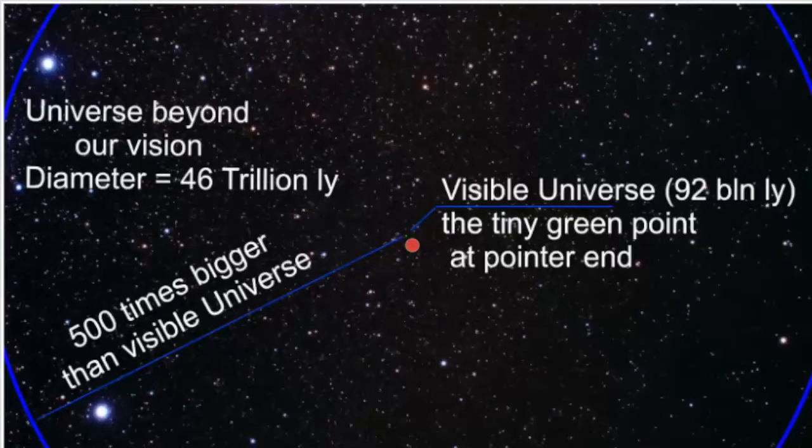If you can see the pointer here and here, this is the overall universe, which is 500 times bigger than the visible universe, with a diameter of 46 trillion light years.